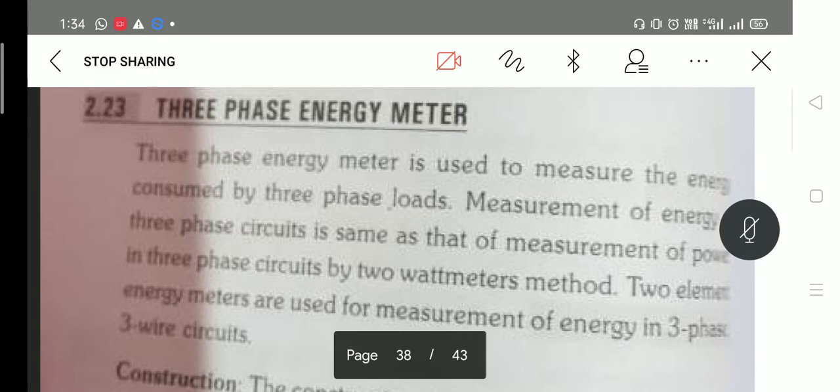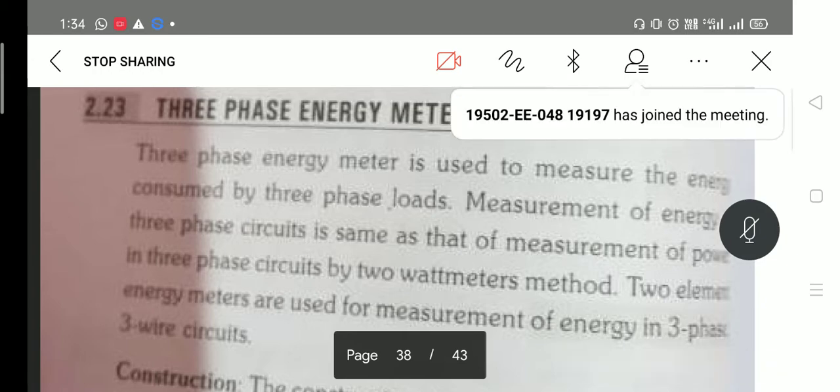Today we discuss the three phase energy meter. In the last class we discussed the single phase energy meter. Now we discuss the three phase energy meter. In this we are using the three phase load and the 2 watt meter method. 2 single phase energy meters are constructed in this three phase energy meter.